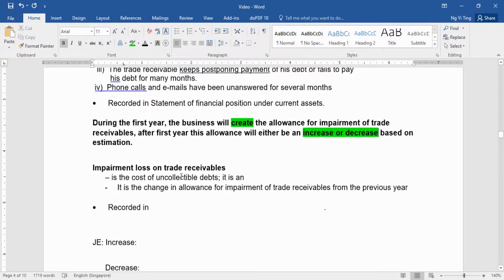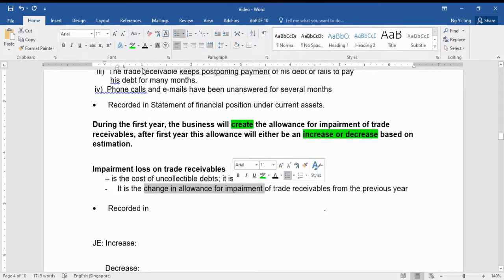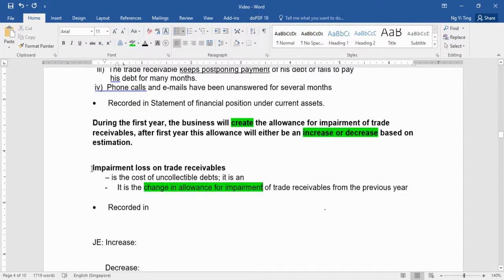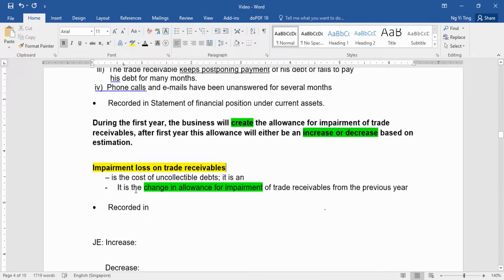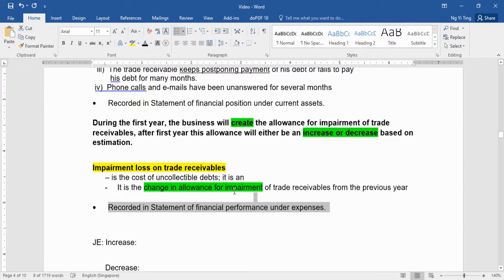Okay, so this change, increase or decrease of allowance, is called impairment loss on trade receivable. Okay, and this will then be recorded in the statement of financial performance under expenses because impairment loss is an expense and therefore is always debit.